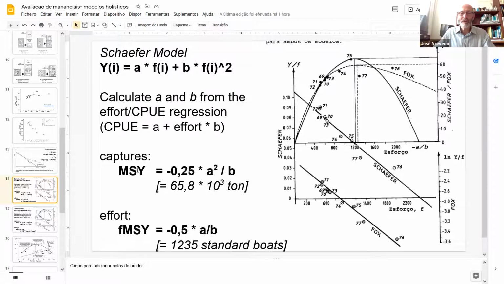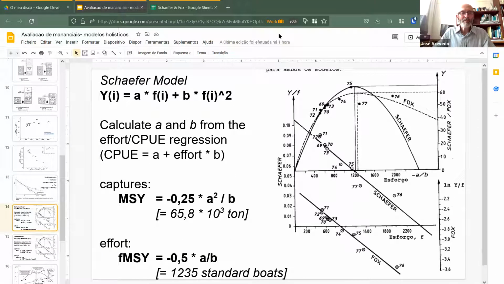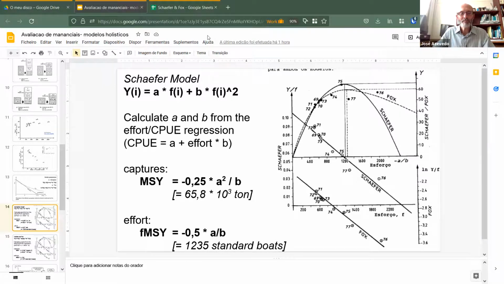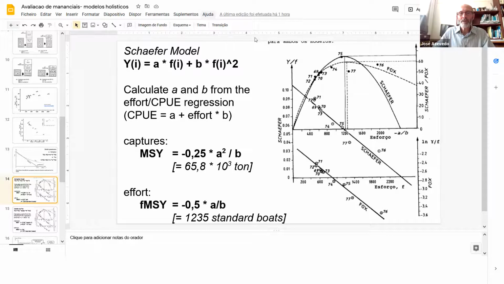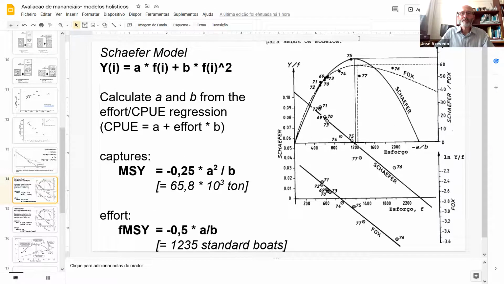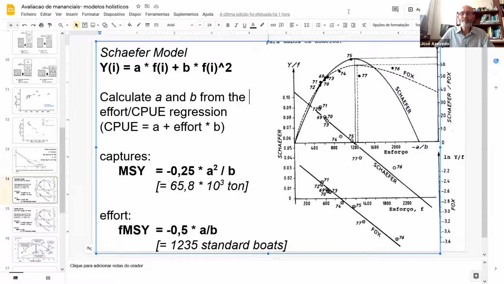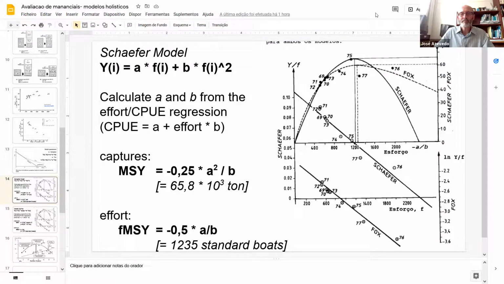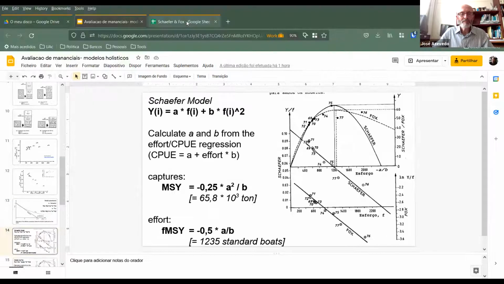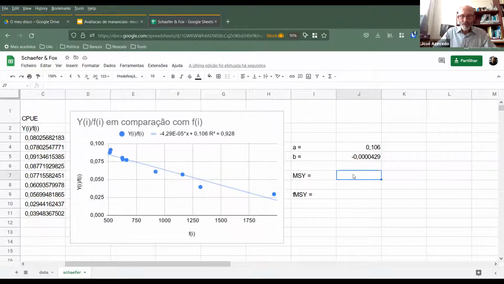For the maximum sustainable yield, you just have to multiply minus 0.25 by the square of A divided by B. So let's write the formula here: A underscore squared divided by B.